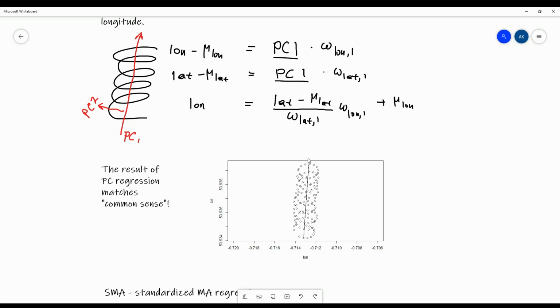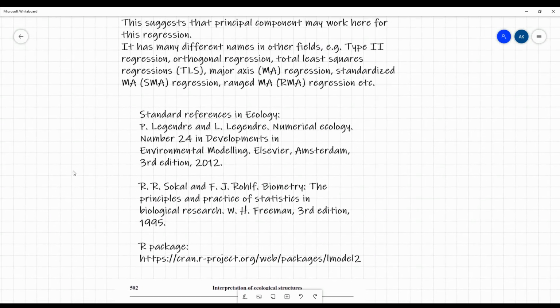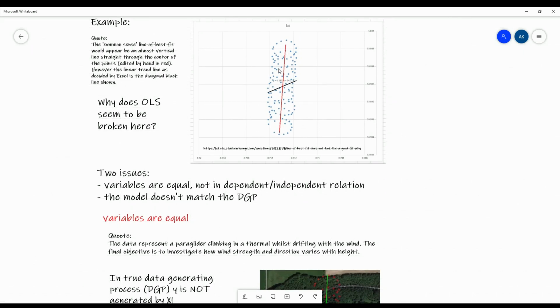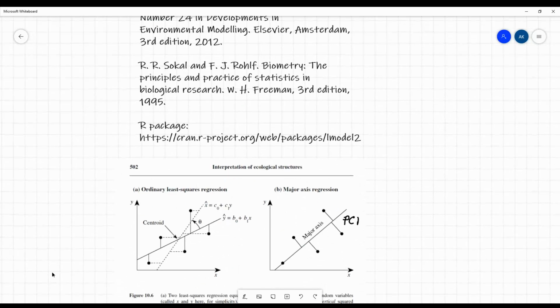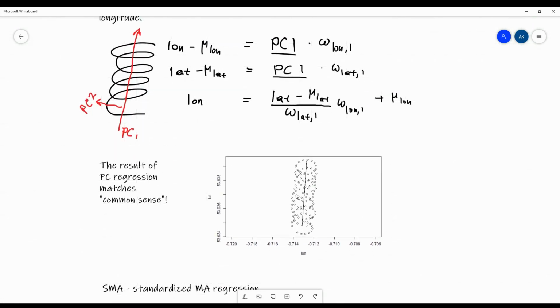It has a very good fit, I think, and it looks like common sense, like the hand-drawn common sense best fit line of the original poster of this example problem. It's almost vertical, showing where the wind is blowing. So using this orthogonal regression, we were able to reproduce that line.